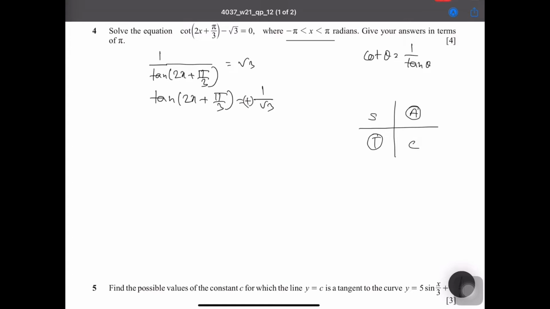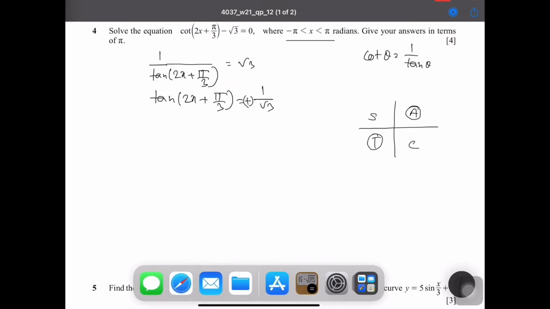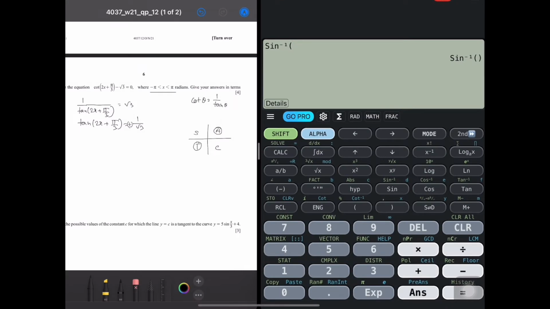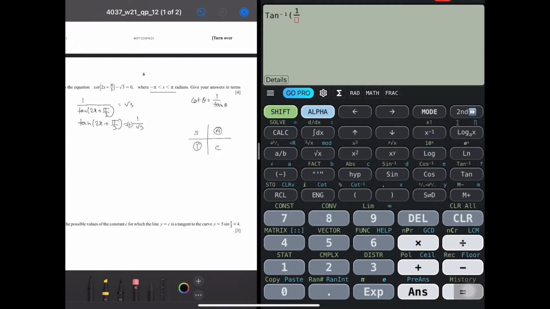So easily we can find out, if we use the calculator, shift tan inverse, then we write 1 by root 3, and close the bracket. So it is becoming pi by 6.